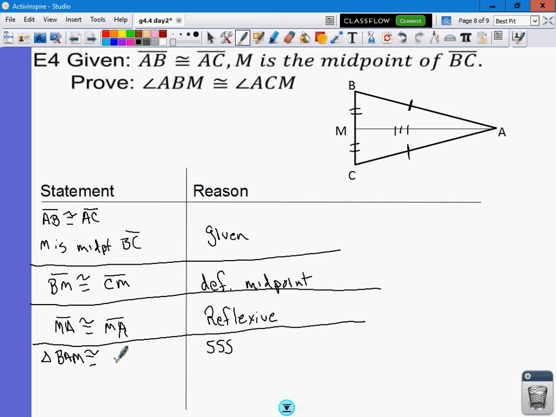And if I use BAM, what's it congruent to? CAM, C-A-M. They wanted me to prove that angle ABM is congruent to angle ACM. And again, if I look, ABM, middle, first, last. This goes middle, first, last. Are they corresponding parts? Yes. So this would be CPCTC.